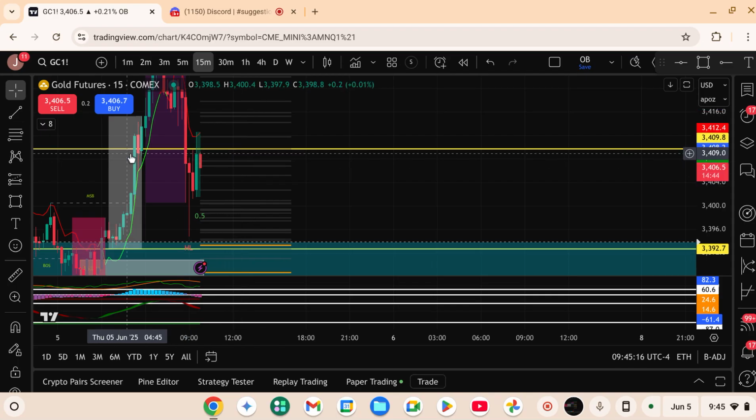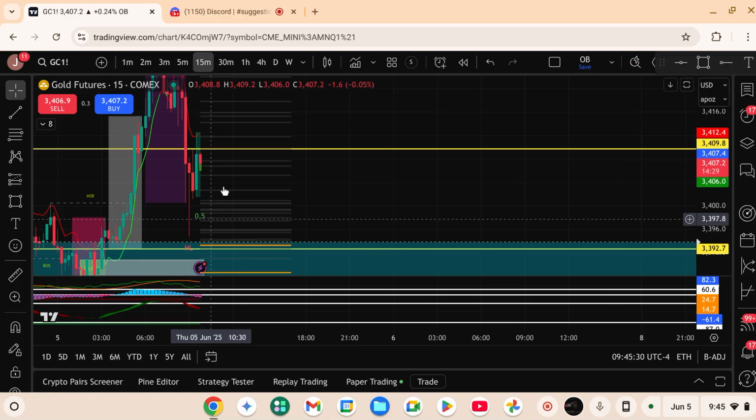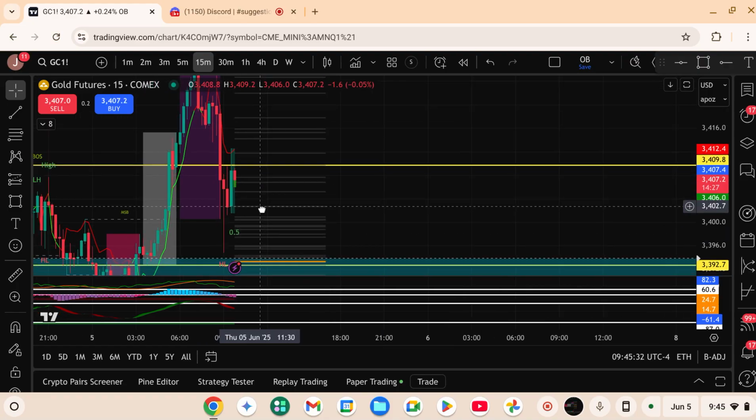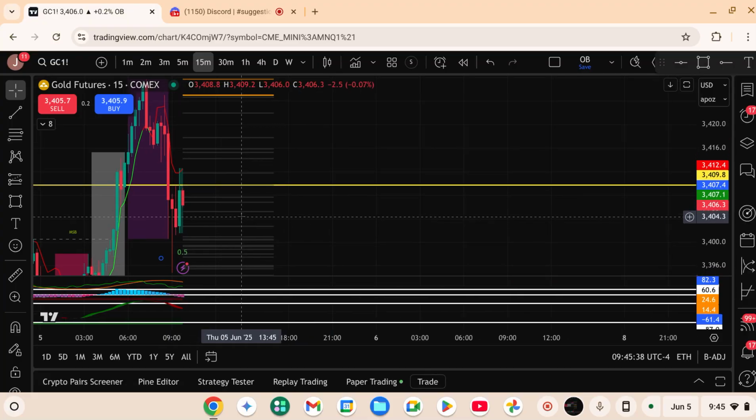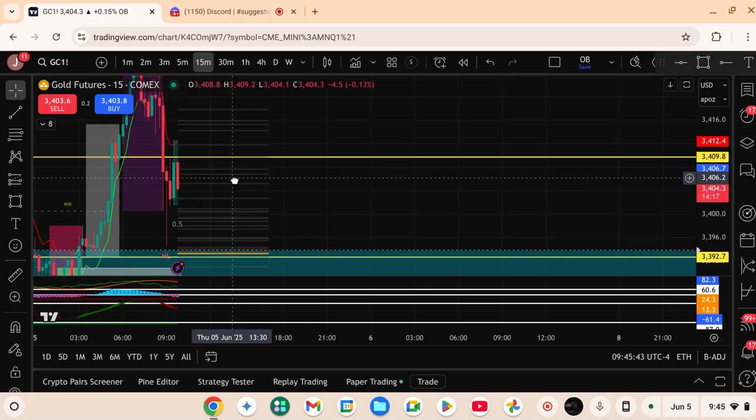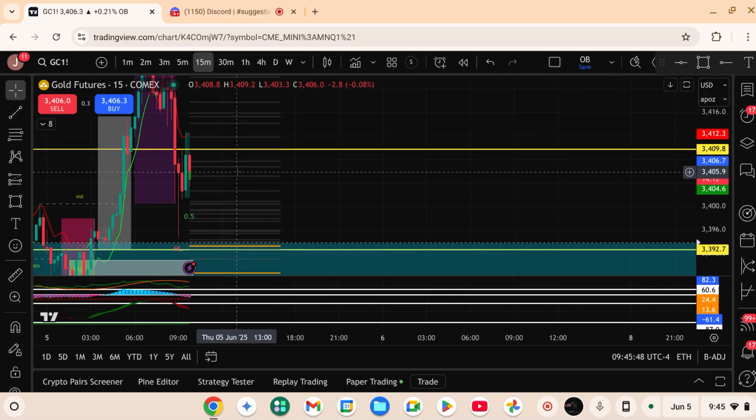So if we would have gotten a close like this one, we could have taken longs from here. But instead you got a wick closure. Just keep on waiting.